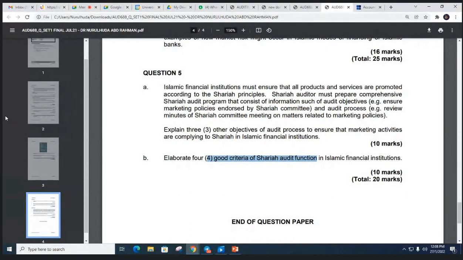Follow the standard, you can say COSO framework, IPPF, Sharia governance policy, IFSB standard. There must be good evidence, proper plan, audit skill, knowledge in Sharia, knowledge in financial accounting, Arabic if possible. What is good evidence? Sufficiency, appropriateness, reliability.